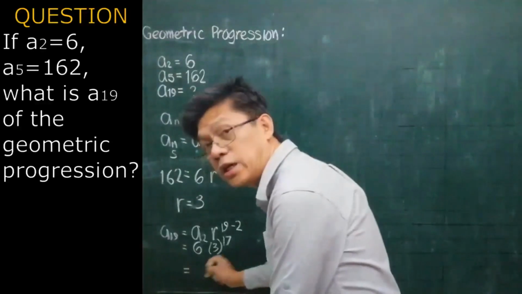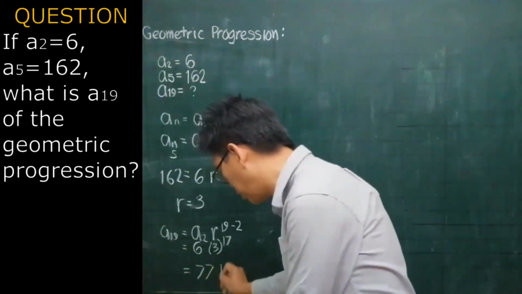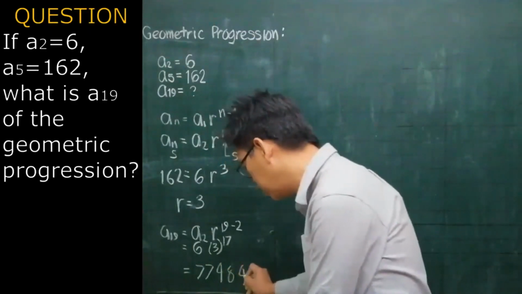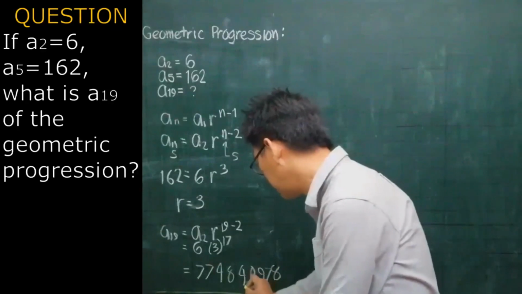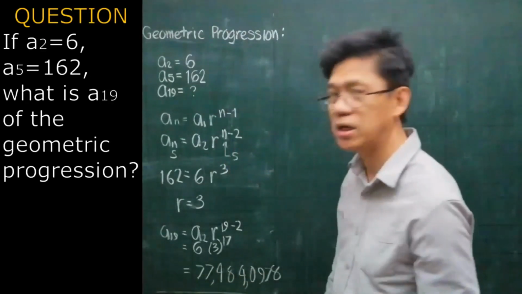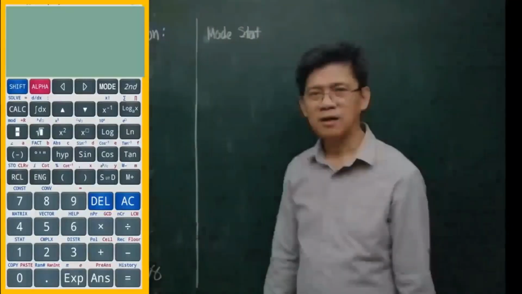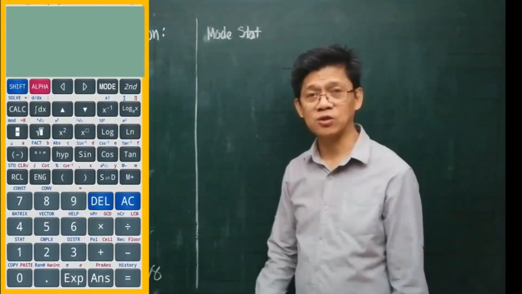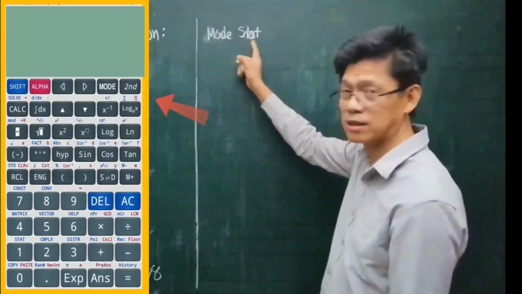So you calculate this and you will get here 77,484,097.8. So this will be your 19th term. Maliwanag?